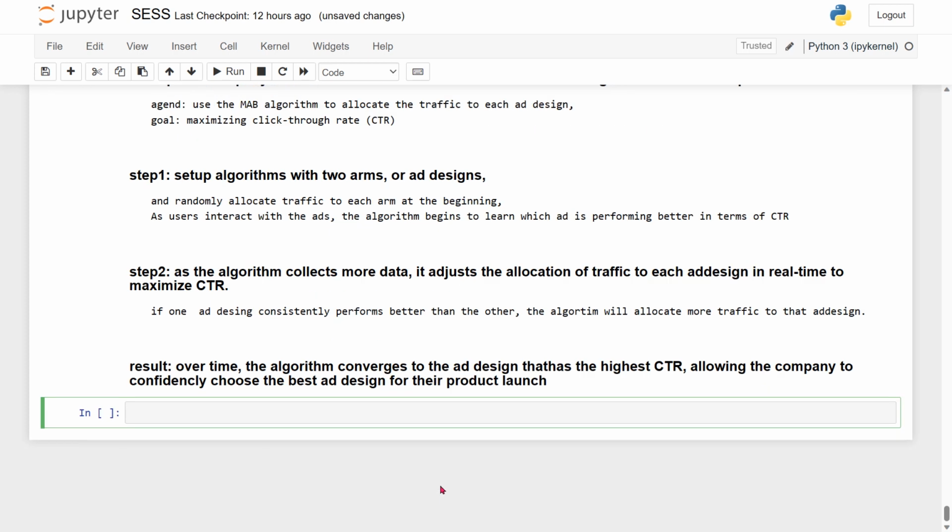Of course, in practice, the multi-arm bandit algorithm can be applied to a wide range of decision-making problems beyond online advertising, such as clinical trials, website optimization, and more.